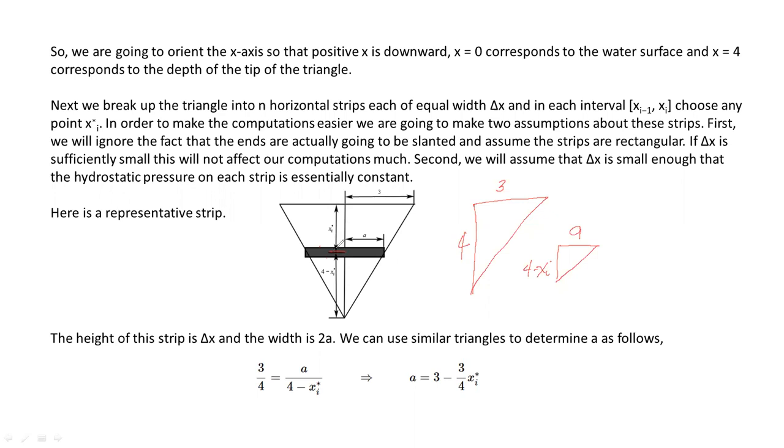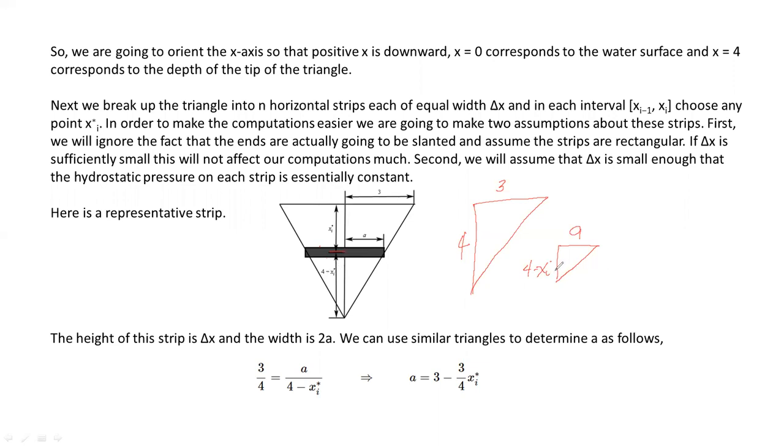We assume very thin. So if it's very thin, the middlemost portion of that would be more or less the x sub i that I have mentioned a while ago. But nonetheless, this will be the location of the x sub i. So if this is the entire depth of your triangle, then if this is 4, this one here from the center going down would be 4 minus x sub i asterisk.